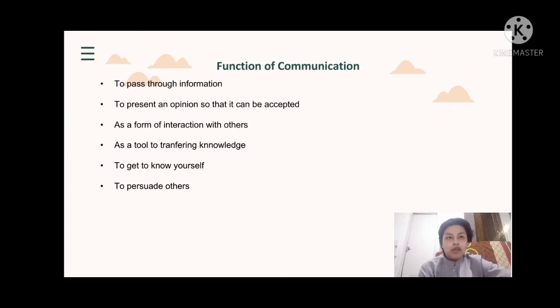Third is as a form of interaction with others. And next is as a tool of transferring knowledge. And next to get to know yourself. And next is to persuade others. But most importantly, the function of communication is to be the tool of human interaction with each other.